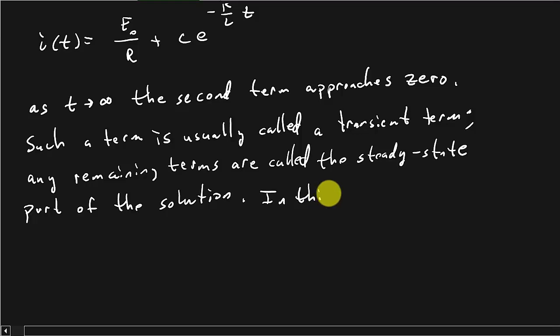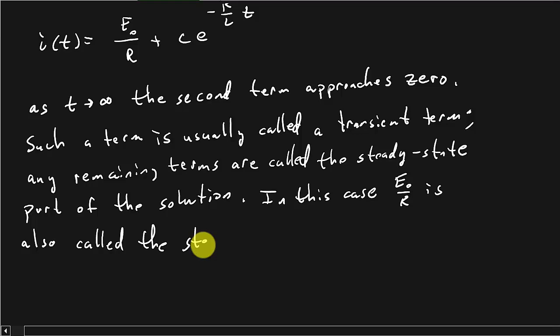In this case, E naught over R is also called the steady state current.